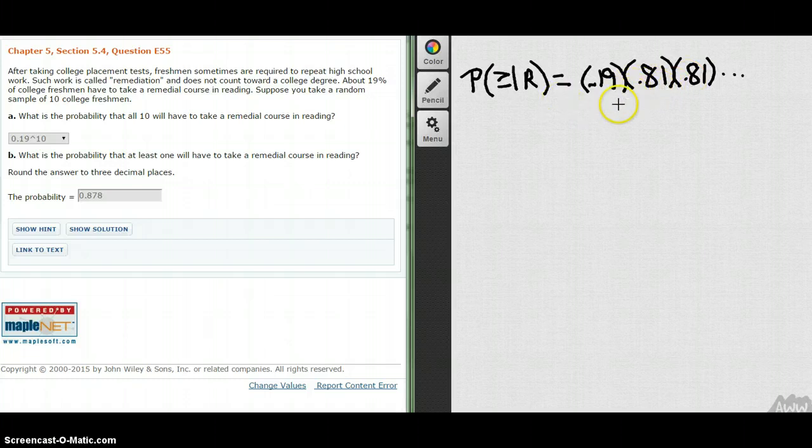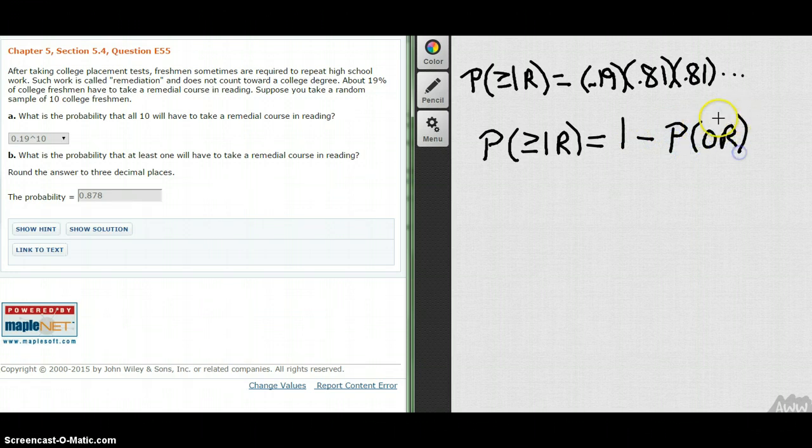So there's two issues with that. Now we could use more advanced rules of probability and the combinations that we used earlier in this course to solve this through a more extensive, elaborate method. But there's a really neat trick here. The probability of greater than or equal to 1 remedial is the same as 1 minus the probability of no one being in remedial.